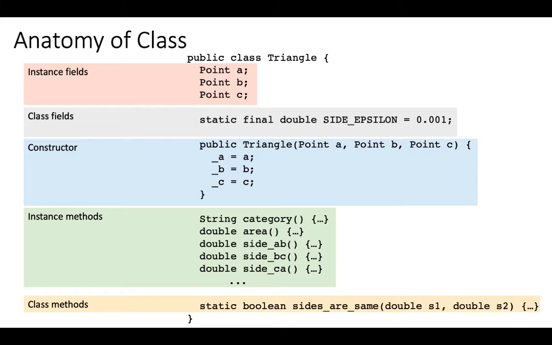That's why category is an instance method, as is area and side AB, side BC, side CA, etc. Those methods only make sense in the context of a particular object, right? And then we had one final class method, which was this little helper method for taking two side lengths and deciding with respect to that named constant side epsilon whether or not the two side lengths were the same.